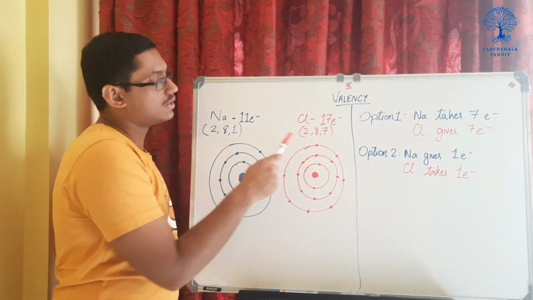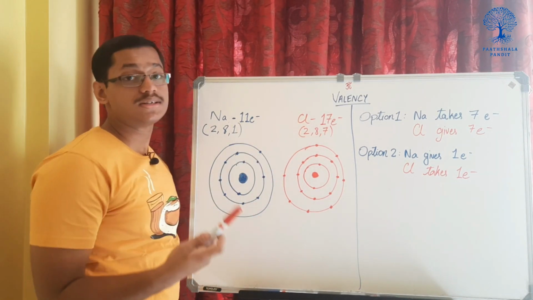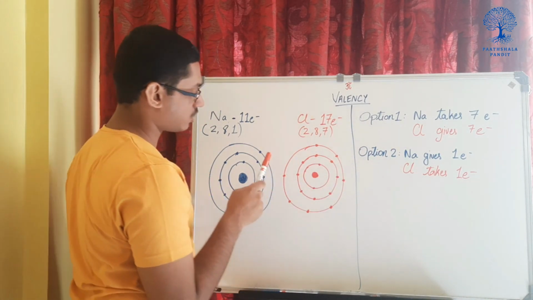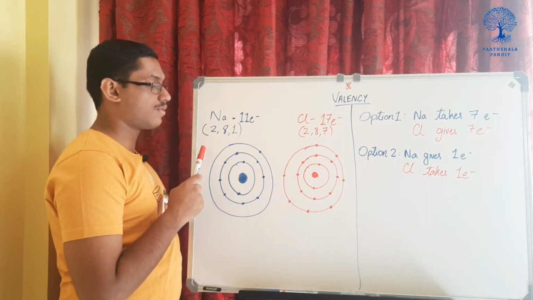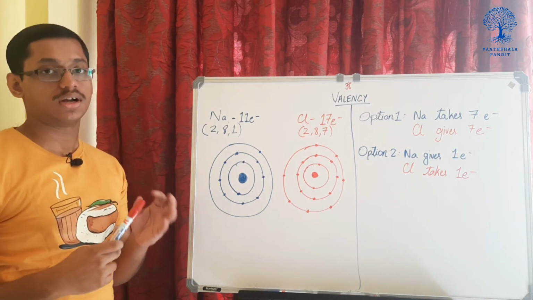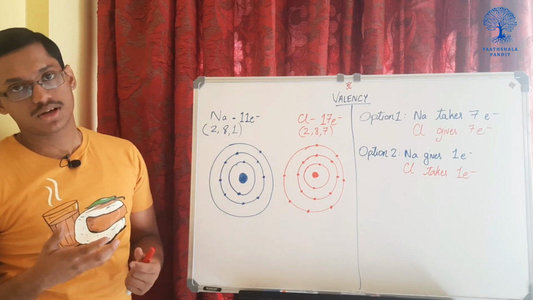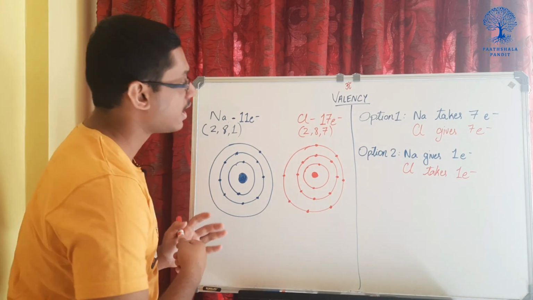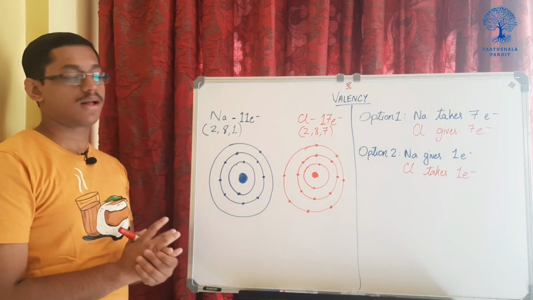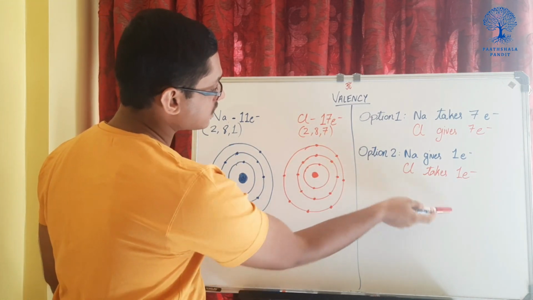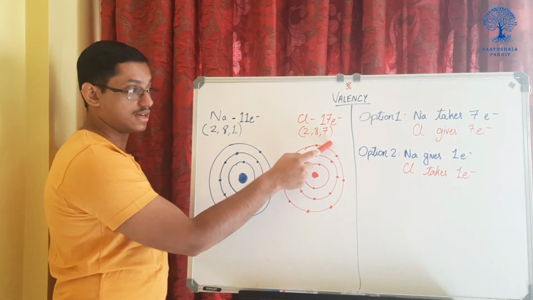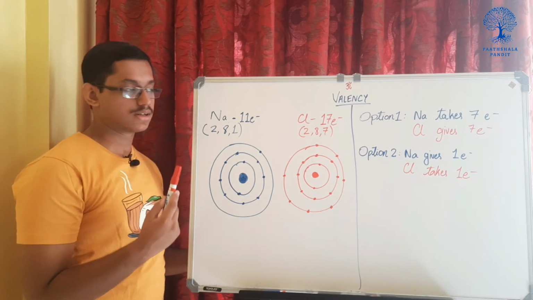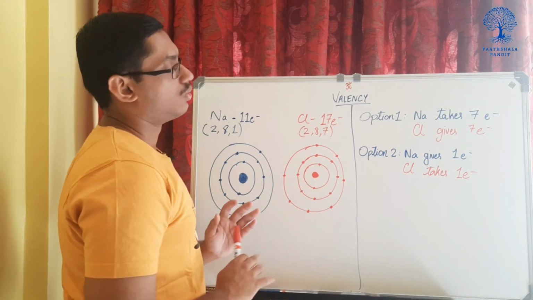So what will happen is that 7 will become 8, correct? 2, 8, 7, and if it takes 1 electron, that is, if sodium wants to give out 1 electron, there must be someone to take it also. Otherwise sodium cannot give it just in the air. No, it cannot happen. So chlorine is ready to take 1 electron. And we can see that if it takes 1 electron, it will become 2 8 8, meaning the last orbit has 8 electrons. So now we have two options.